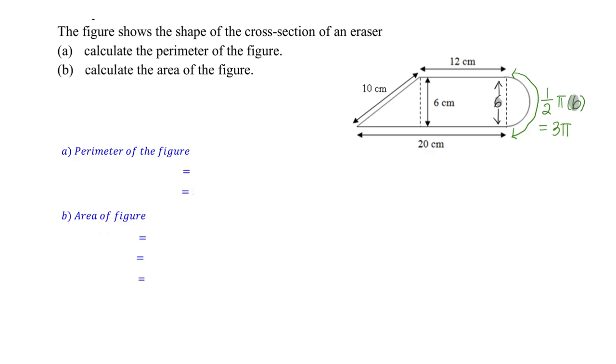And so you will then see Mr. Tan's working here. We'll include that, where I will have my 10, 12, semicircle 3 pi, and my 20, 10, 12, semicircle, 20.